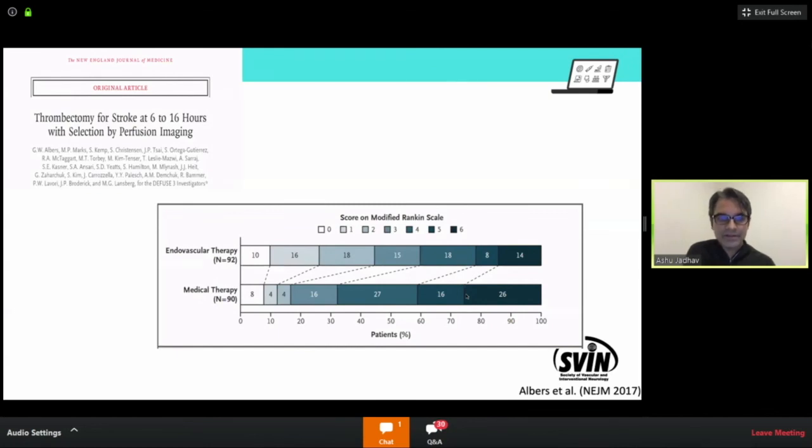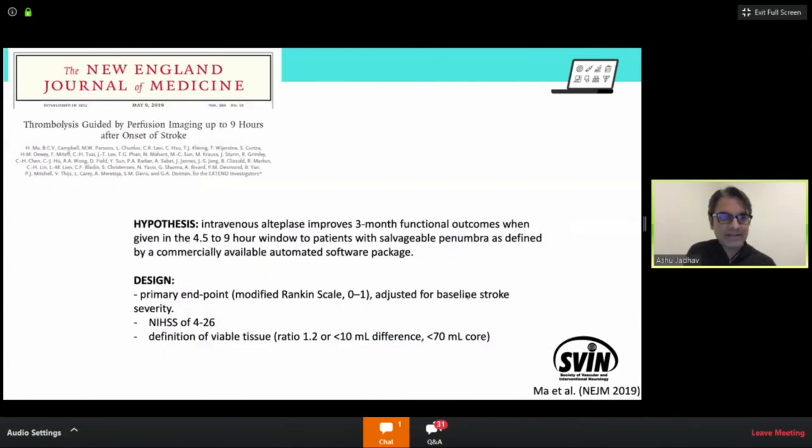These were patients identified based on the target mismatch paradigm, and you can see there's overwhelming benefit in terms of the primary endpoint of mRS 0 to 2, that is functional independence. So this was the first positive trial using the CT perfusion or MR perfusion paradigm for patient selection in the late time window, and this was with thrombectomy and not for selection for thrombolysis.